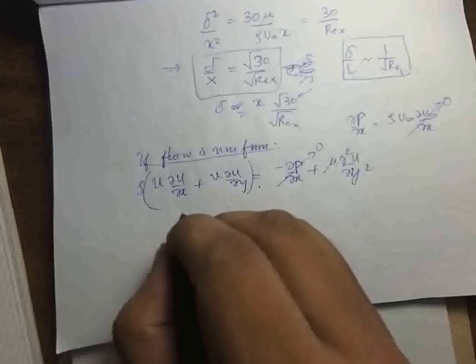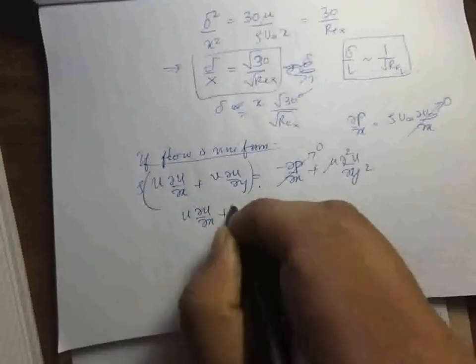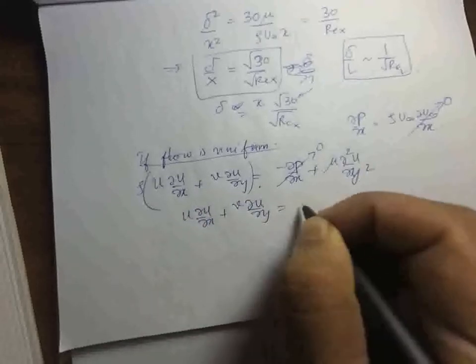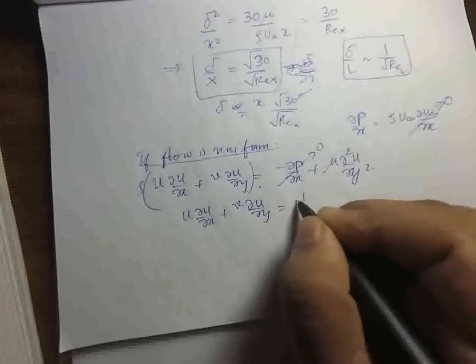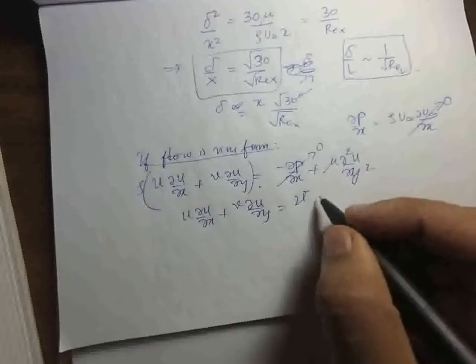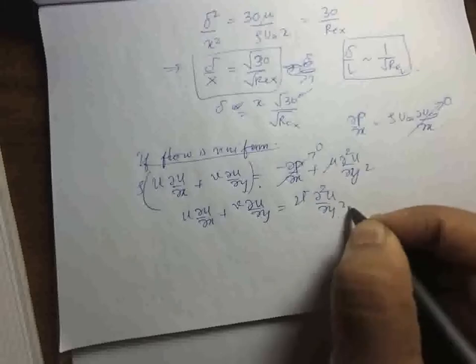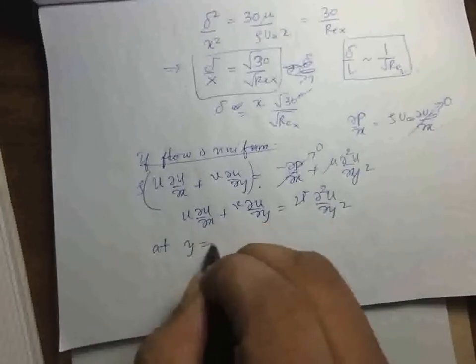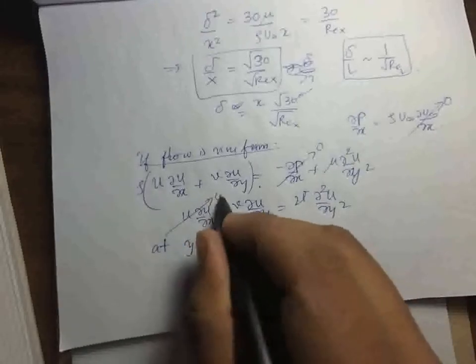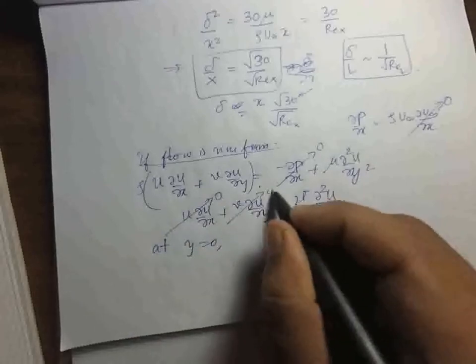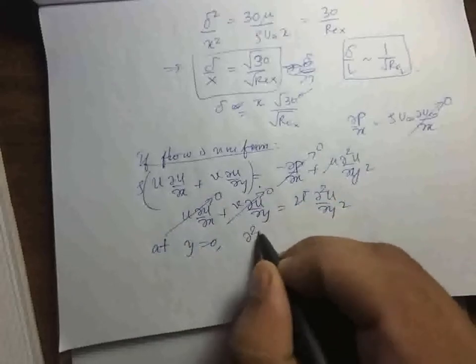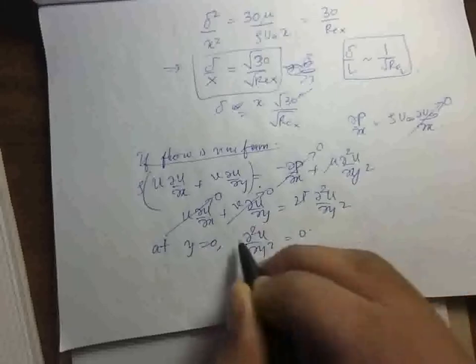So we have u del x plus v del u del y is equal to nu, so which is mu by rho del 2u del y2. And thus if we take the equation at y equal to 0, this term becomes 0 by no slip, and this term becomes 0 by no penetration, and thus you have del 2u del y2 is equal to 0.